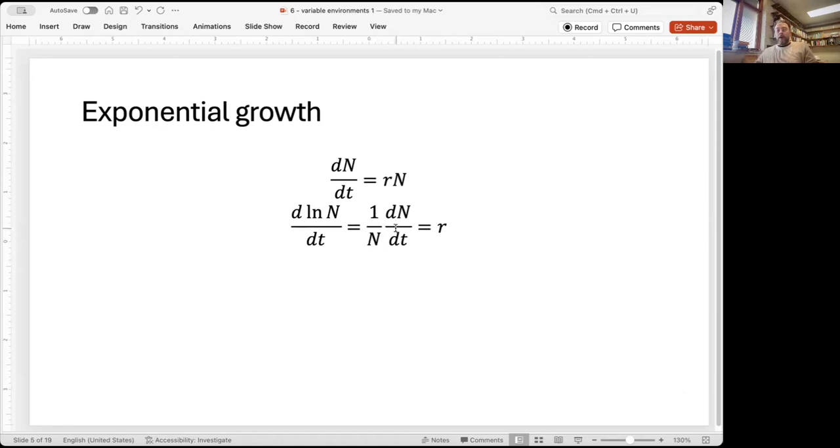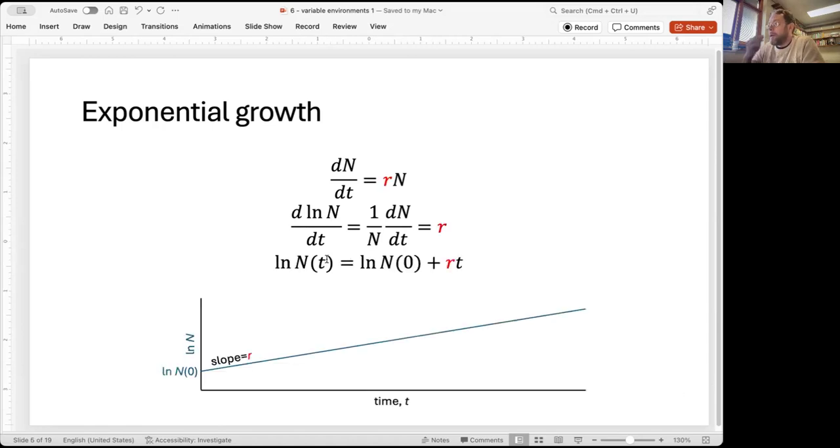This is why in ecology, exponential growth is a multiplicative process. This is why it's often better to plot populations on a log scale. And we can use this to solve for the dynamics.